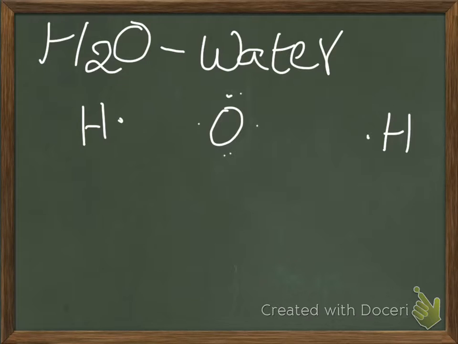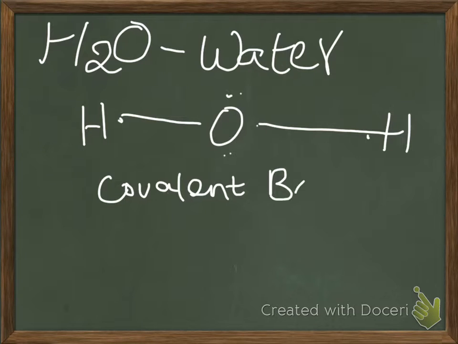In this case, as hydrogen and oxygen are both non-metal atoms, they share electrons in order to attain stability. This is an example of a covalent bond. As everyone knows, water is a molecule, so as I said, covalent bonds form molecules.